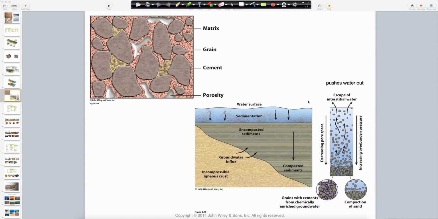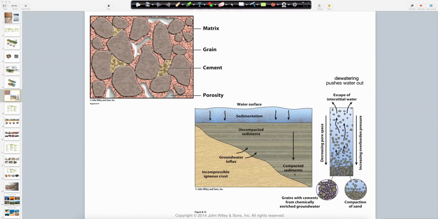It's called dewatering. And over here, this is showing you uncompacted sediments, groundwater is flowing through it. In this region, it's putting some cement in, and down here, they're becoming compacted. So you can see the layers are closer and closer together. So they're actually being cemented and compacted together.